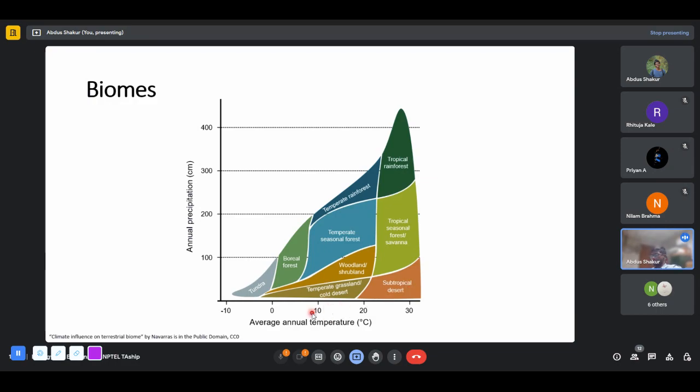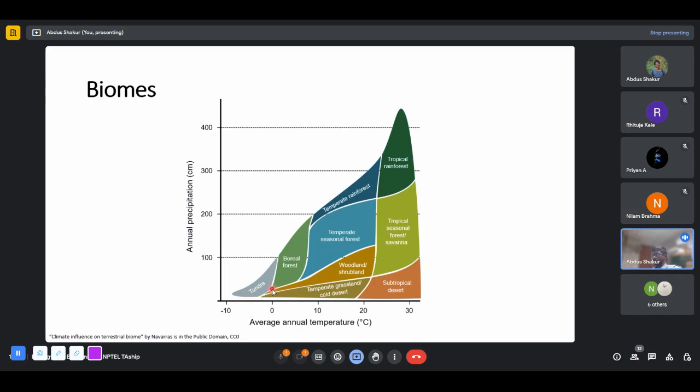If your temperatures are very low and you still have low precipitation, what you have is called a cold desert. In regions with sub-zero temperatures you have cold deserts, or temperate grasslands, or, if you have both temperature and precipitation in the very low category, you have what is called a tundra.